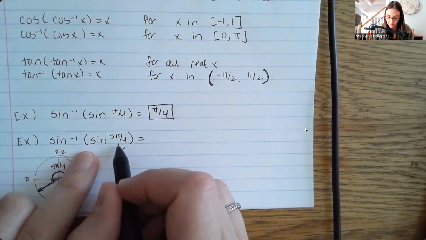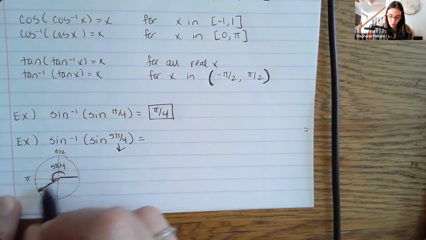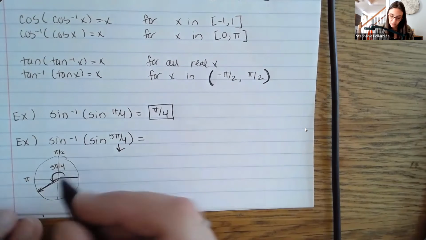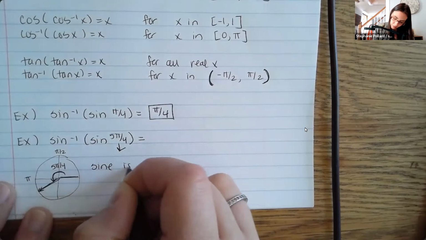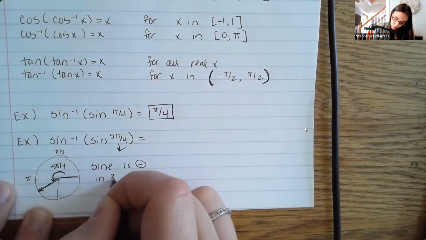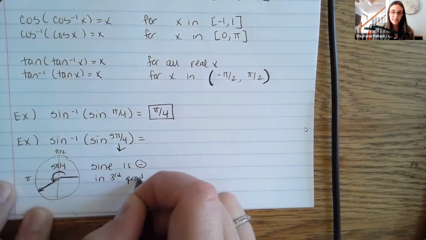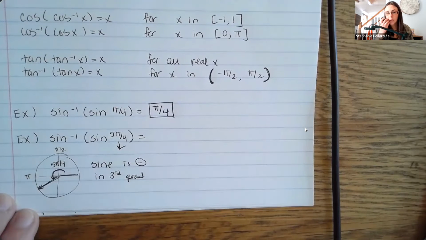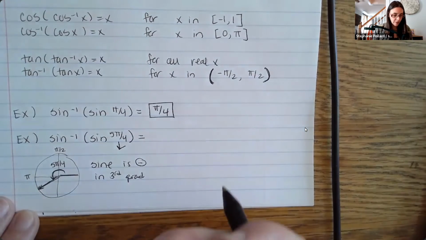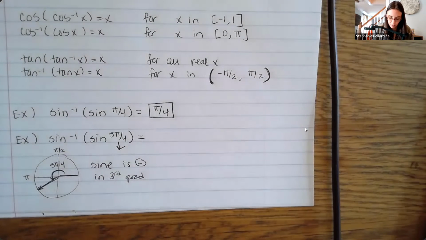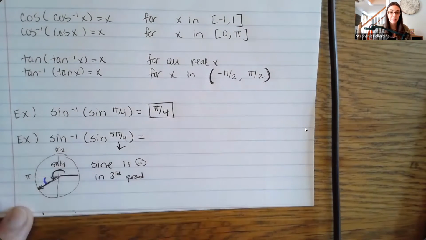Here, that 5 pi over 4 is in the third quadrant. You do want to remember that in the third quadrant, sine is negative. Remember, sine refers to the y values on the unit circle, so all those y values would be negative down there. Then I can use the reference angle, this one right here, connecting up to the positive x-axis.